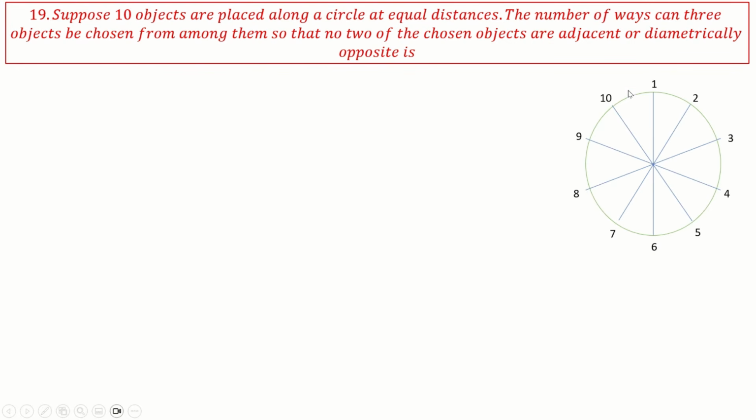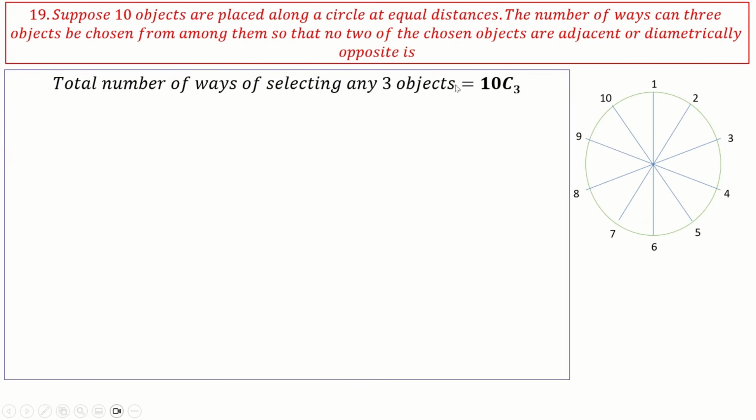One way is selecting the first number, second number, third number, and making the probabilities. The other, easier way is, first, selection of 3 from these 10 is 10C3, correct? Now I want to subtract how many adjacent and how many diametrically opposite are possible. Case one: all 3 are adjacent.